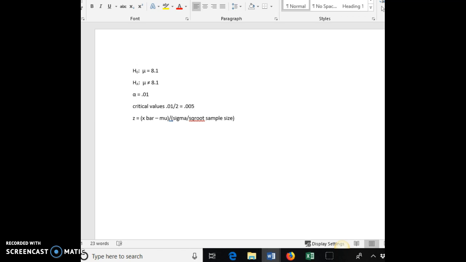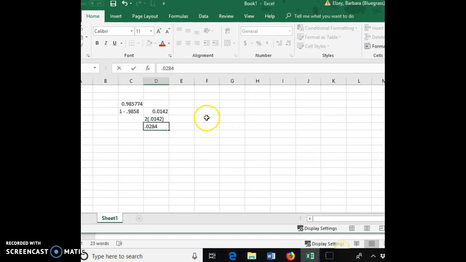So we're going to look up our critical values. Now, putting 0.005 in is going to give us a negative z-value. But this is a two-tailed test, so we're going to have two different z-values and two different rejection regions. So let's go ahead first and look up 0.005.